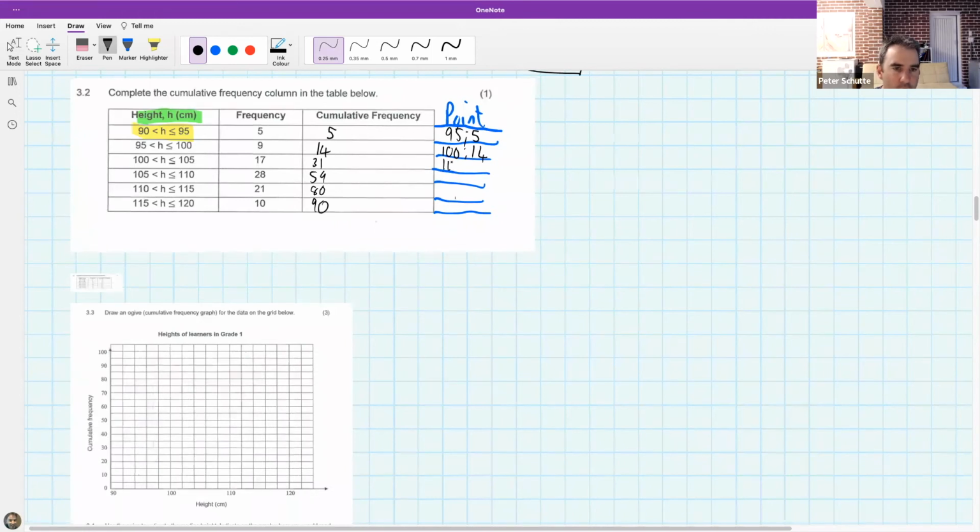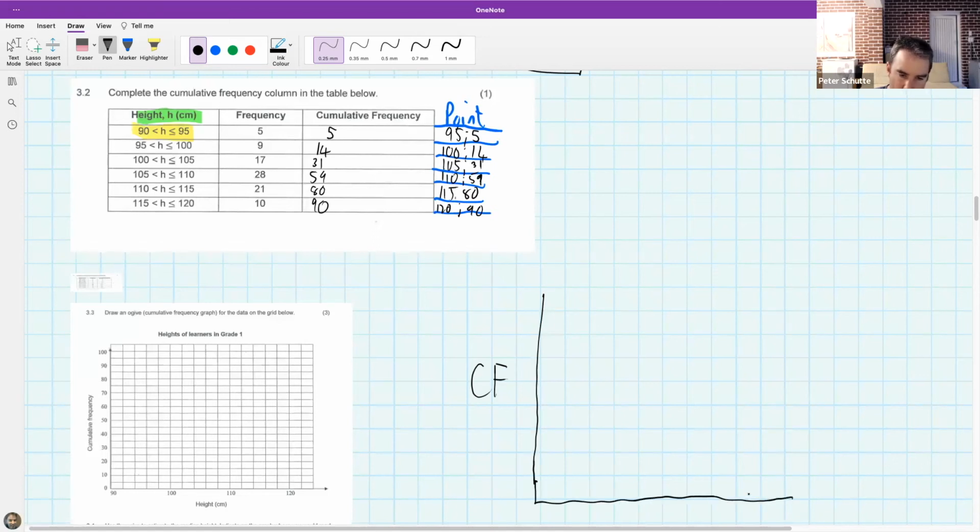So also there's a bit of a pattern developing here. You can kind of see 105, 110, 115, 120, and then here it's going to be 31, 59, 80, and 90. Now, some of you may want to put in that initial point up here, or you can put it on the graph. But what I want you to do next is draw up on your vertical axis, you're going to have cumulative frequency.